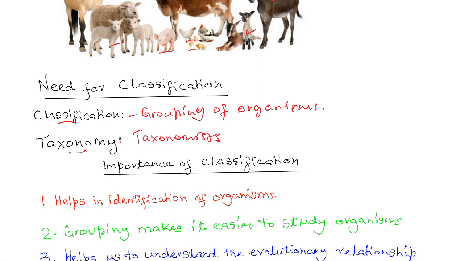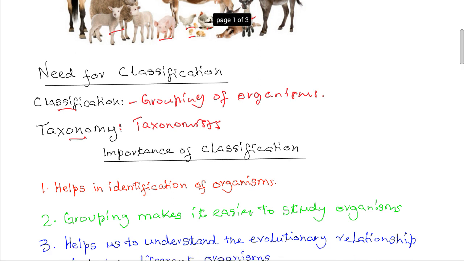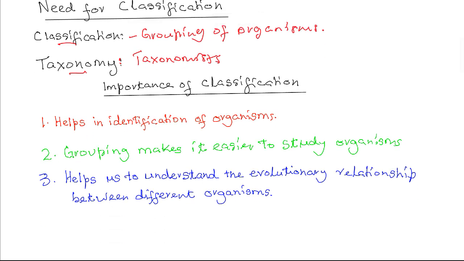Why is it so necessary to classify living organisms? What is the importance of classification? There are a number of reasons, and 3 prominent reasons include: it helps us to identify living organisms.